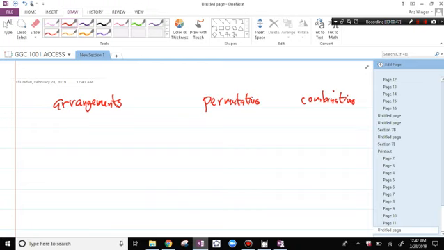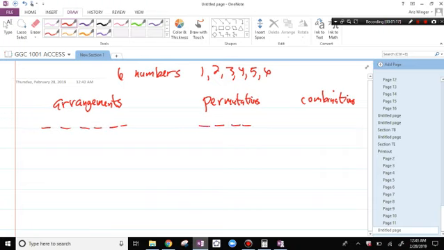Okay, all right, so let's just suppose we had 6 numbers and you have to arrange them in 6 spaces. So let's suppose it's 1, 2, 3, 4, 5, and 6, and you have to arrange them in the spaces, and we'll leave combinations out for just one moment.